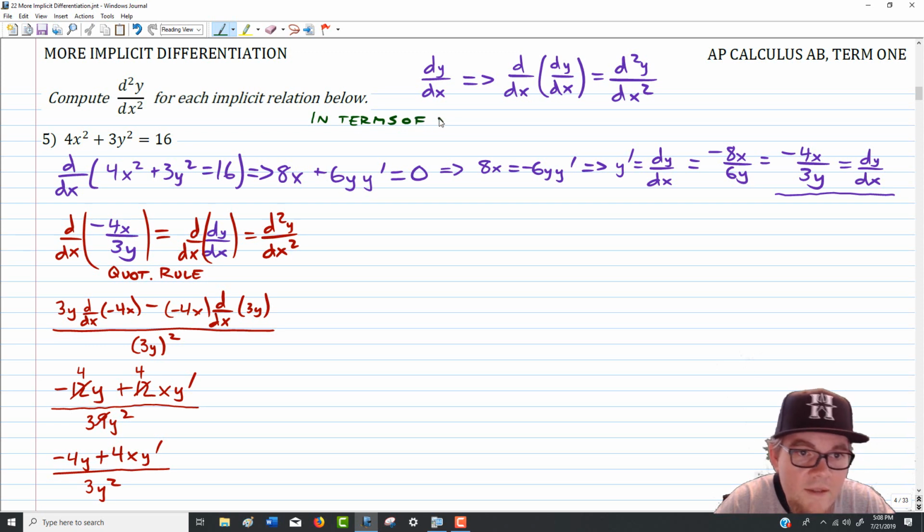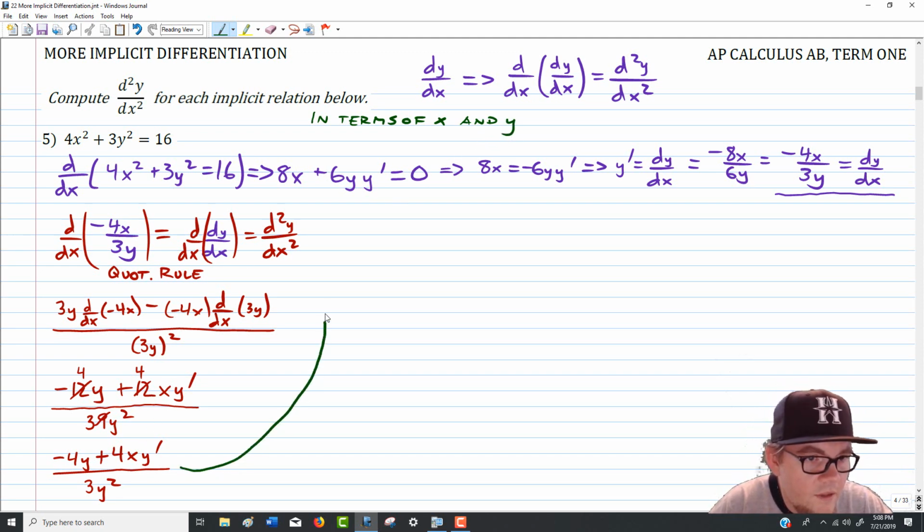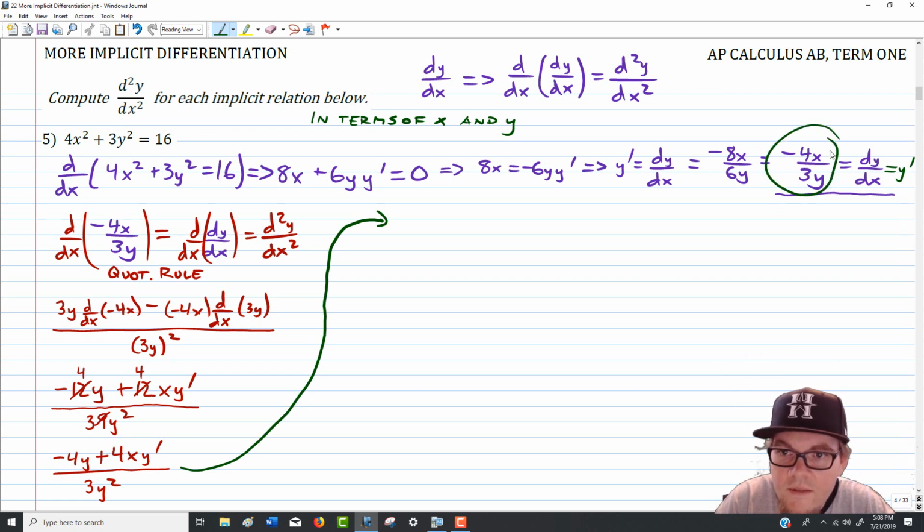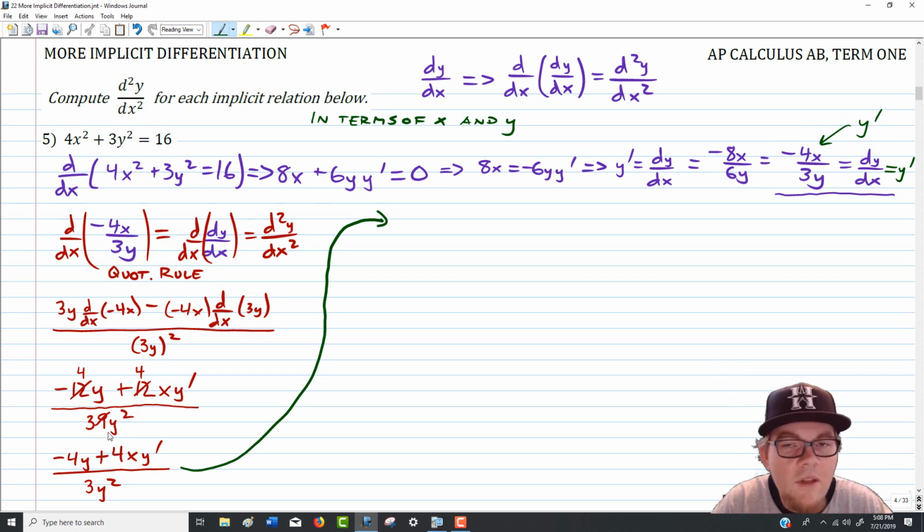That is the expectation when you're working through these problems. So what that means is we've got to back substitute the fact that y prime is the same thing as this. If that's y prime, we can make a substitution into our second derivative and get everything in terms of x and y. It works out really nicely.